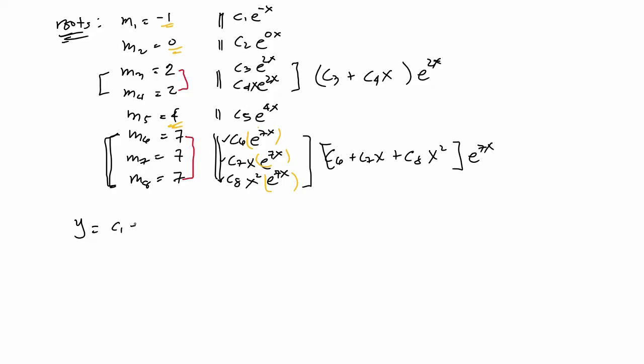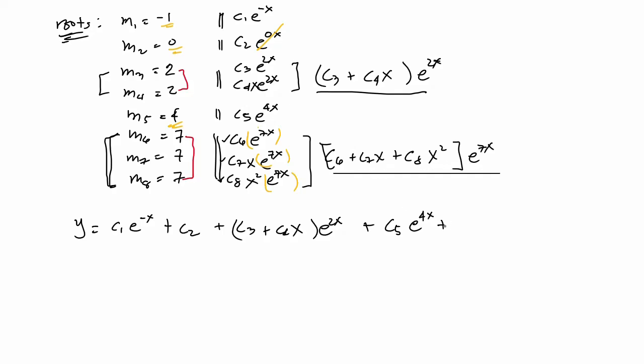Okay, so all in all, if we write this, the general solution is that y is equal to c sub 1 e to the negative x, plus this term, since this is 1, plus we have c sub 2, plus this term here, c sub 3 plus c sub 4 x multiplied by e raised to 2x, plus this term here, c sub 5 e to the 4x, plus this last term, which is c sub 6 plus c sub 7 x plus c sub 8 x squared multiplied by e raised to 7x.